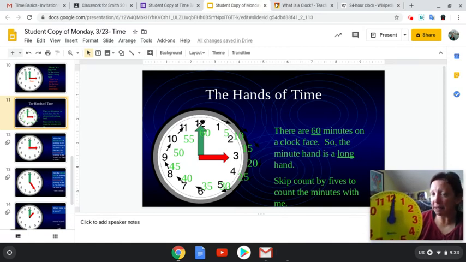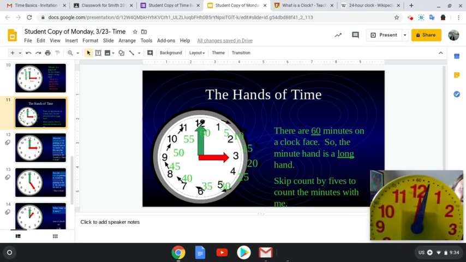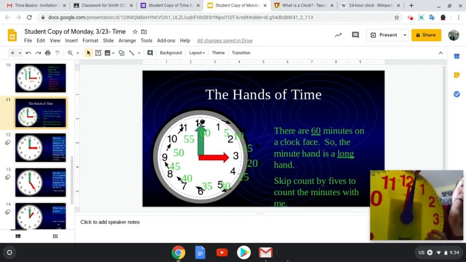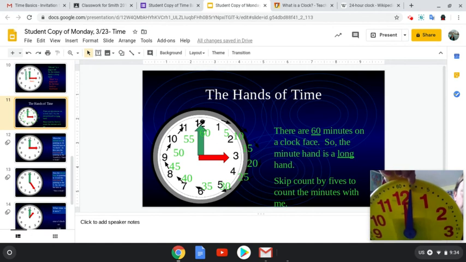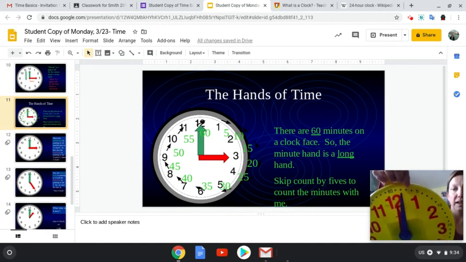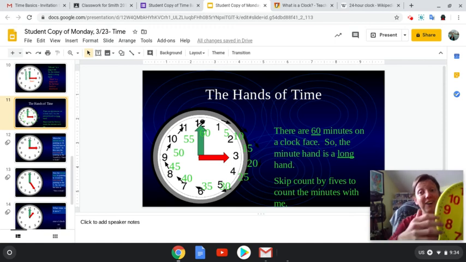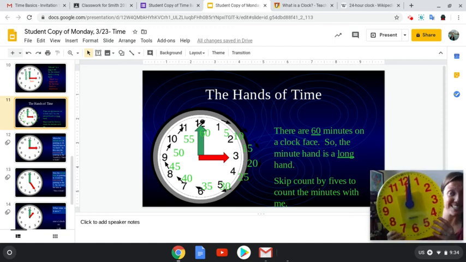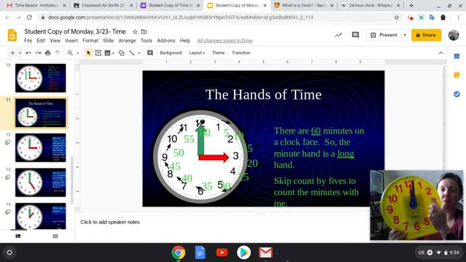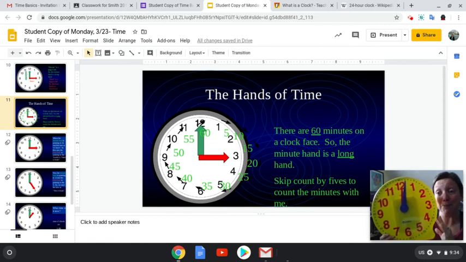So it's 1 minute, and that would be 1 minute past the hour. That's 2 minutes. That would be 2 minutes past the hour. And you'll see that we've gone 2 of the tick marks. There are 60 tick marks all the way around. Those are our minutes, 60 minutes in 1 hour.